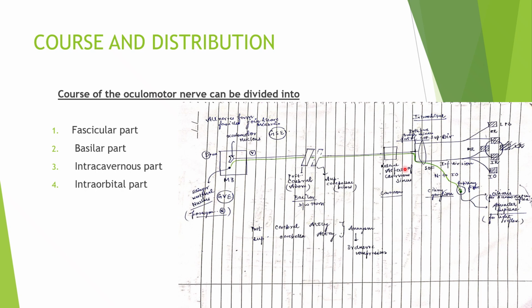Then it passes through the lateral aspect of the cavernous sinus, which is the intracavernous part, and then it divides into superior and inferior divisions and passes through the superior orbital fissure, which is the intraorbital part. So there can be segmental lesions also, because only one division can be affected.